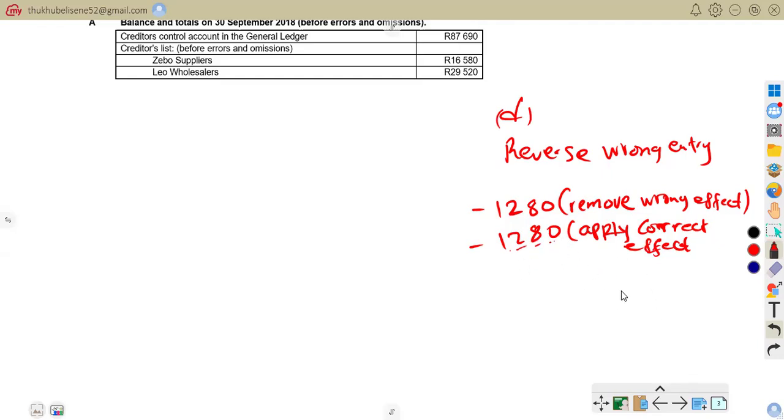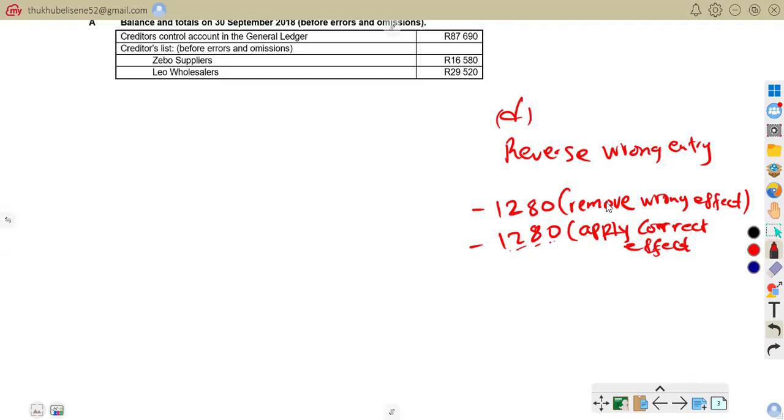Because once it's debited under the control account, it means those goods are returned. If they are returned, it means they are faulty or there are errors. Now the business is no longer going to owe those suppliers. So this is going to be reduced. It's going to reduce the amount owed.